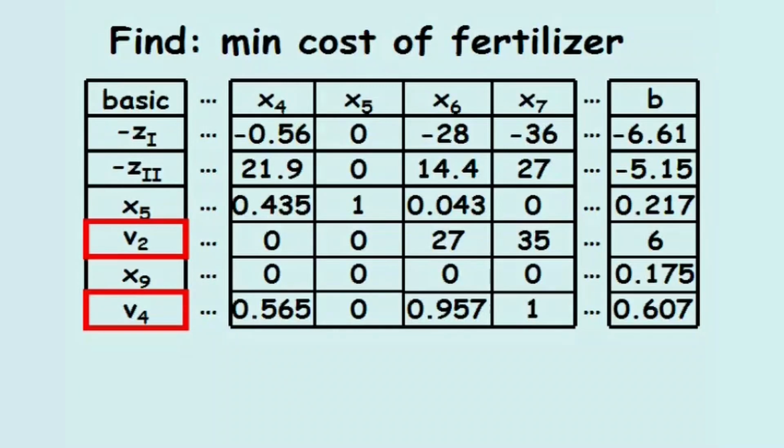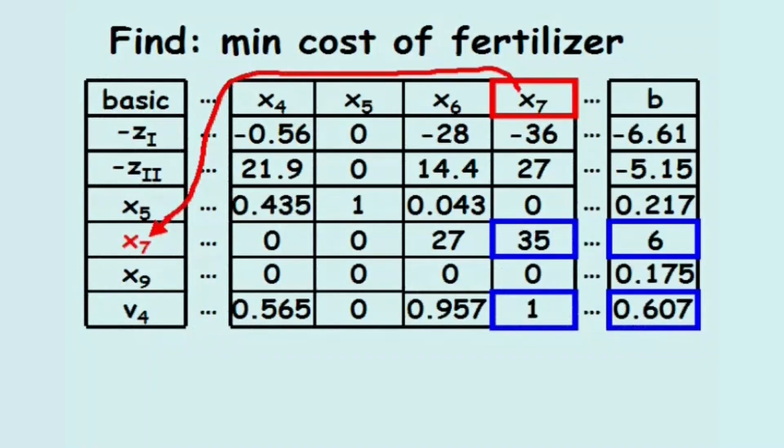On the third iteration, we determine variable x7, which represents phosphate, will enter the basis since negative 36 is the most negative phase 1 reduced cost coefficient. Decision variable x7 becomes basic, and artificial variable v2 becomes non-basic, and row x7 is divided by 35.